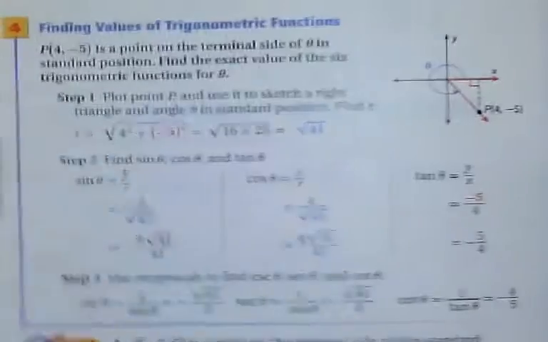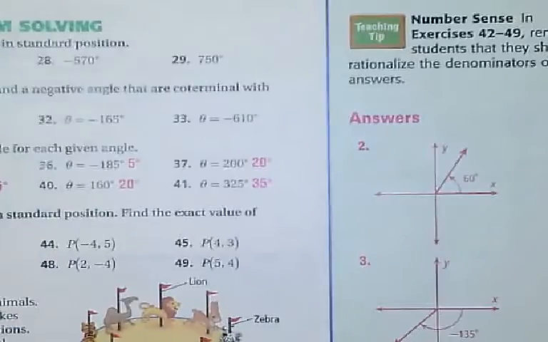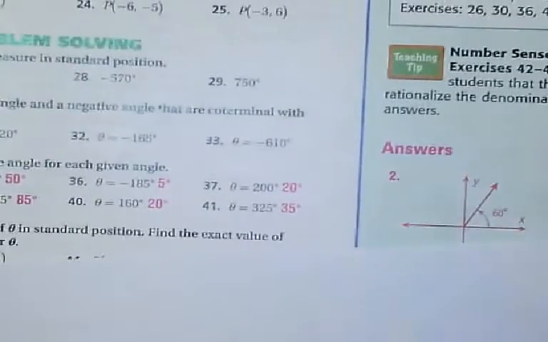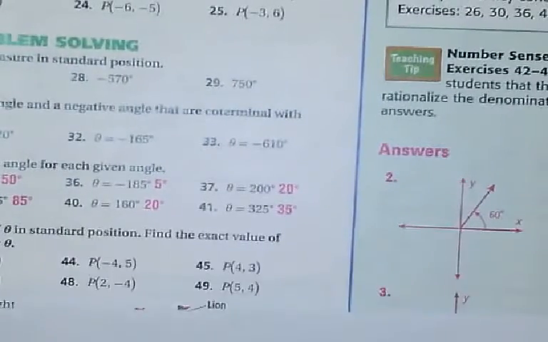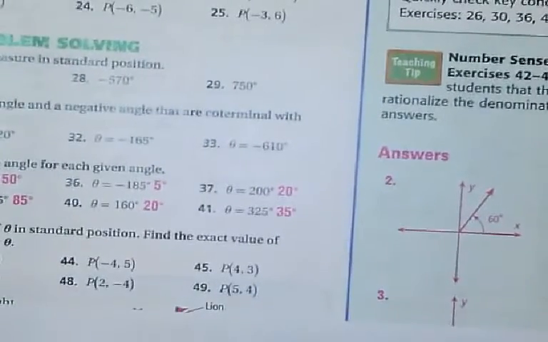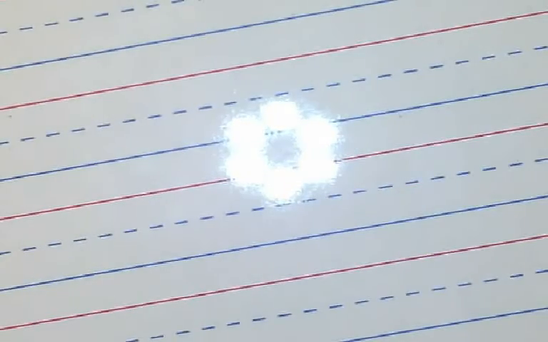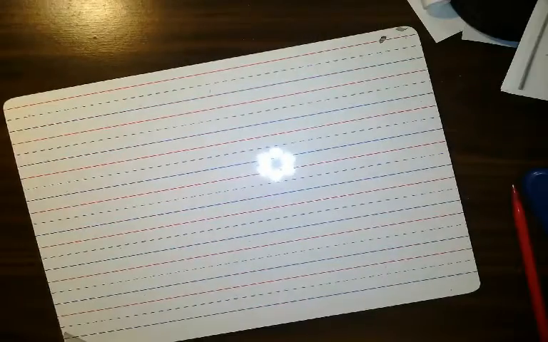Let's do a couple. What do you say? Here we go. We're going to do one like this. We can just write it on this.